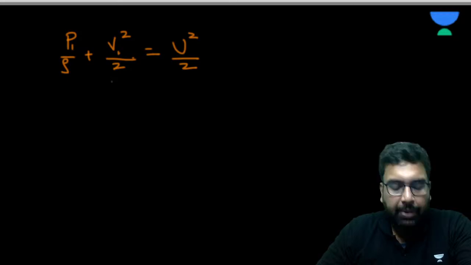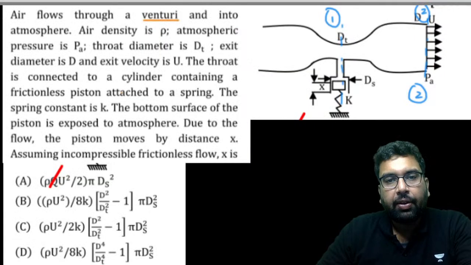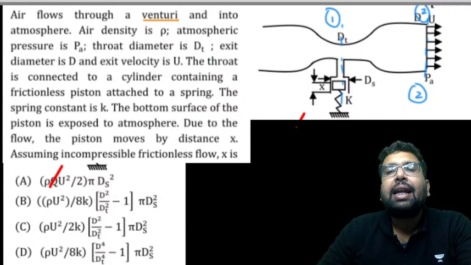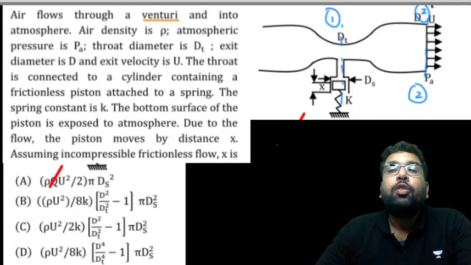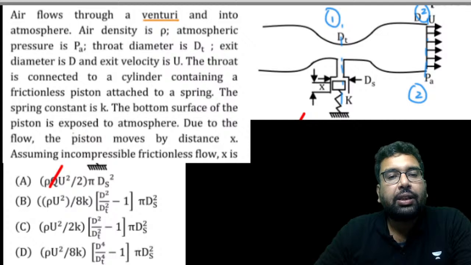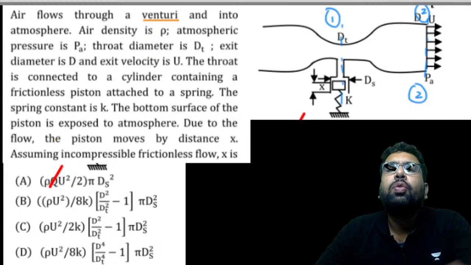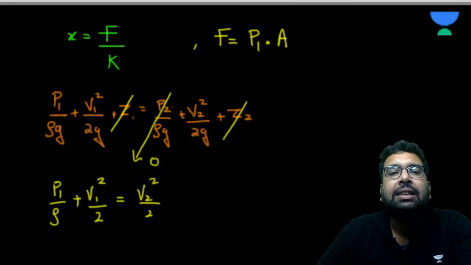Now please tell me, what do we have to do with V1? See, in any question of Bernoulli, normally there is one more equation which is used. And what is that equation? Sir, that equation is the continuity equation. In any question of Bernoulli, the continuity equation always works.